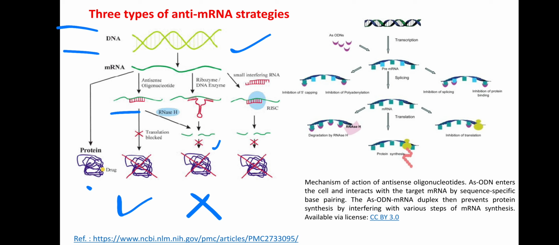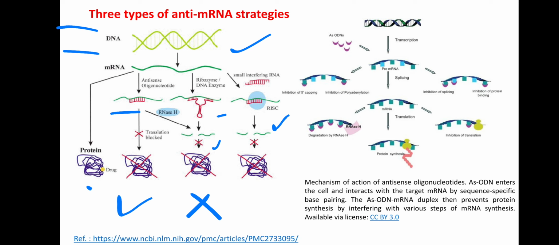In the next category, small antisense RNA. A small amount of mRNA, ribosomal RNA, siRNA, and snRNA bind directly to the target mRNA, and ultimately they develop RISC, the RNA-induced silencing complex, which stops translation and inhibits the activity.